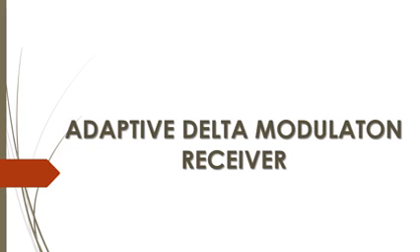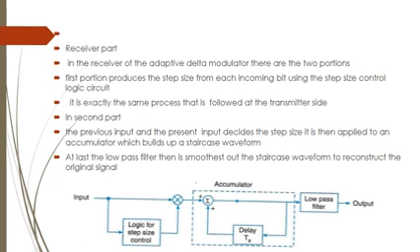Adaptive delta modulation receiver. The receiver of the adaptive delta modulator has two portions. The first portion produces the step size for each incoming bit using the step size control logic circuit. It is exactly the same process that is followed at the transmitter side.